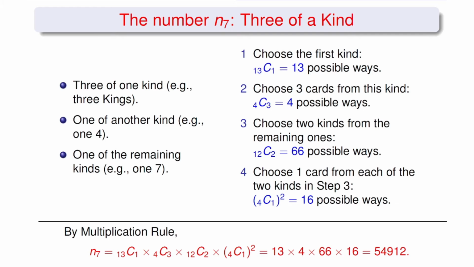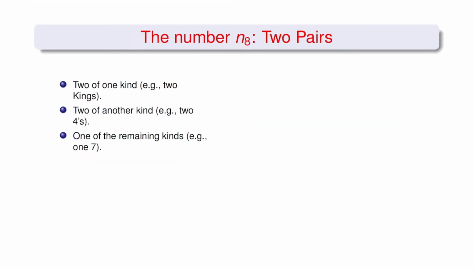Next, how about 2 pairs? How many poker hands are 2 pairs? Okay, in order to be a poker hand that contains 2 pairs, we need 2 of one kind, for instance 2 kings, and 2 of another kind, for instance 2 fours, and plus 1 of the remaining kinds.